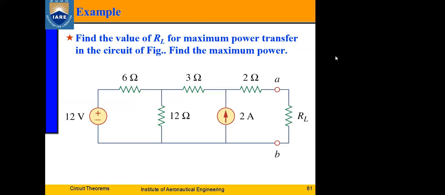If you want something, you can post in the chat box, right? Okay, find the value of RL for the maximum power transfer in the circuit of the figure. Find the maximum power. Just solve it and tell me the value of maximum power.